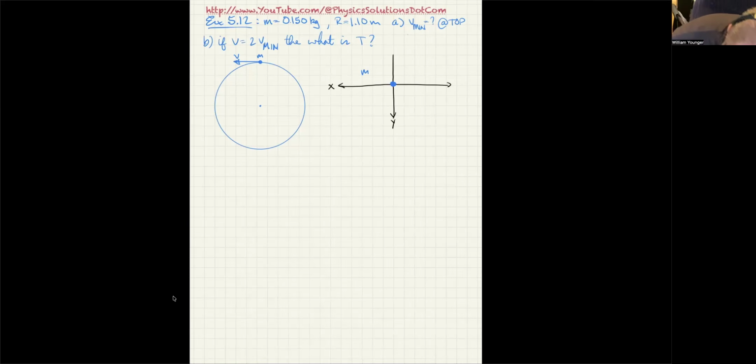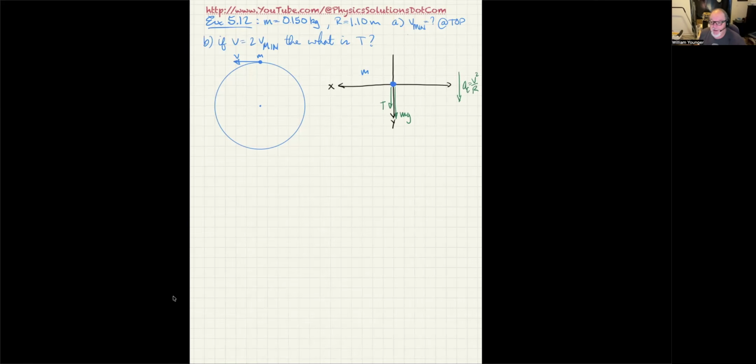Now, the forces acting on it are the force of gravity, which is the weight. So we've got mg, but we also have the tension in the string, T. And additionally, we know that the acceleration is a sub c equals v squared over r. So that's the actual acceleration we're going to have.